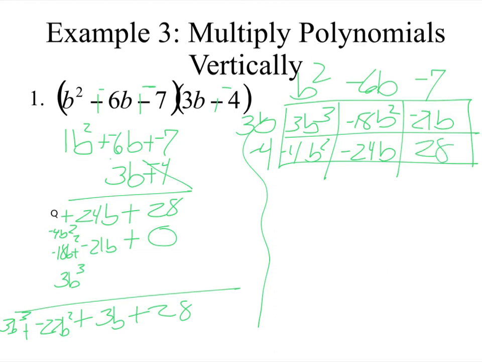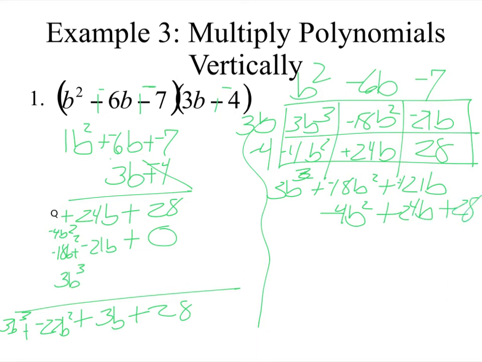Now I have to pull it out of the box, just like we did before. So it's going to be one big long problem. 3b cubed plus negative 18b squared plus negative 21b. Negative 4b squared is a like term with negative 18b squared, so I'm going to write it underneath it. Negative 24, that should be a positive 24. Positive 24b matches up with 21b, and 28 has no match.